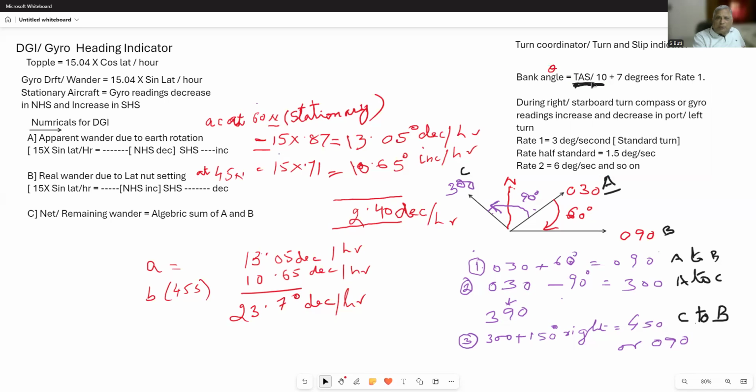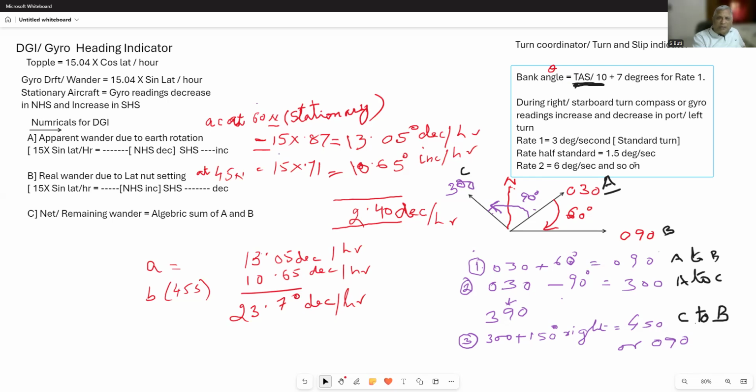If your true airspeed is 180, 18 plus 7, 25 degrees should be your bank angle for a rate 1 turn, which means 180 degrees per minute or 3 degrees per second. Also called standard turn. Rate half standard is 1.5 degrees per second, and rate 2 is 6 degrees per second, and so on.